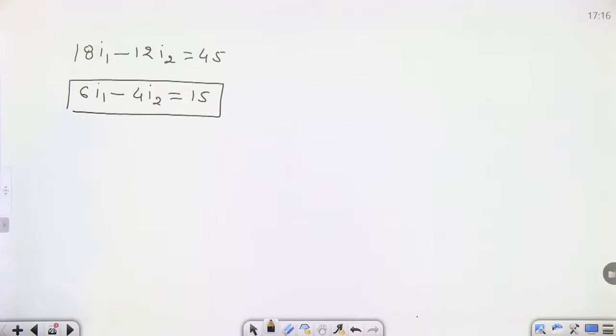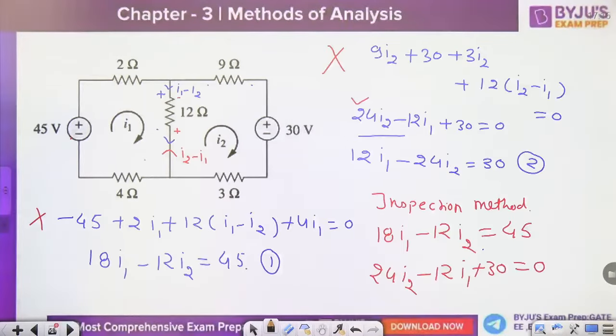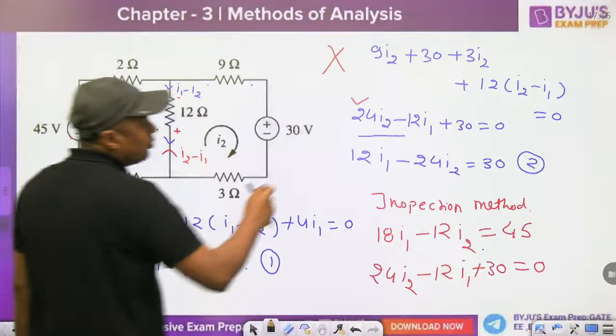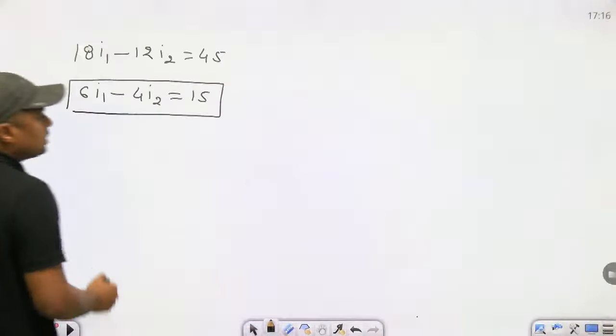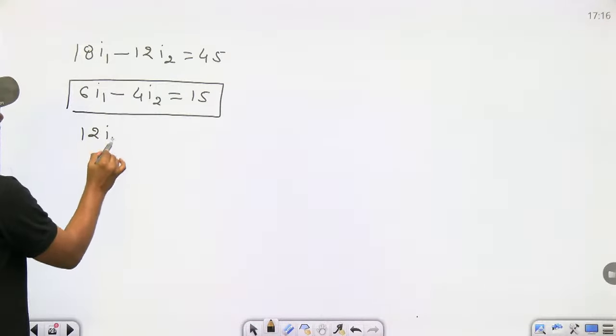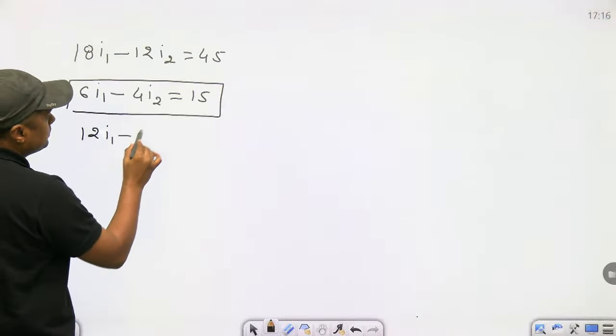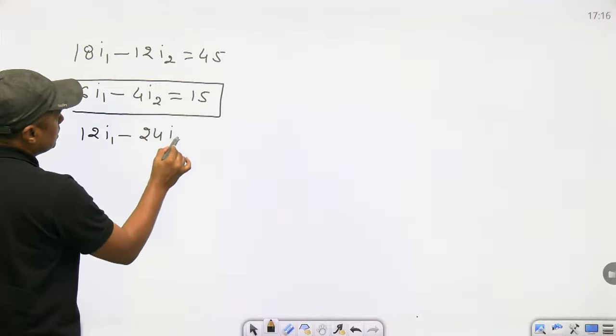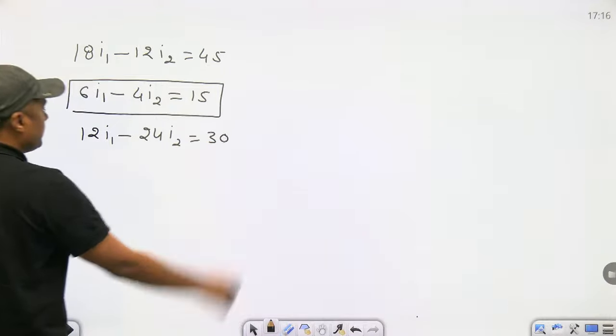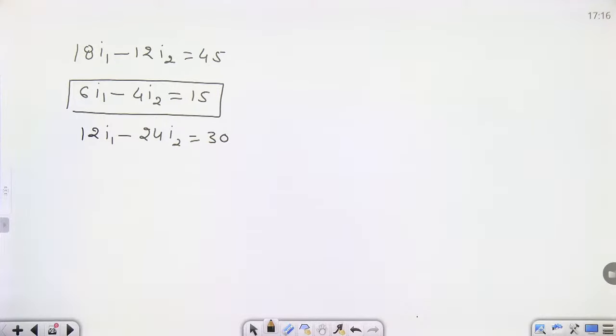Then the second equation: 12 I1 minus 24 I2 is equal to 30. Okay, then it is also divisible by 3, or other values.